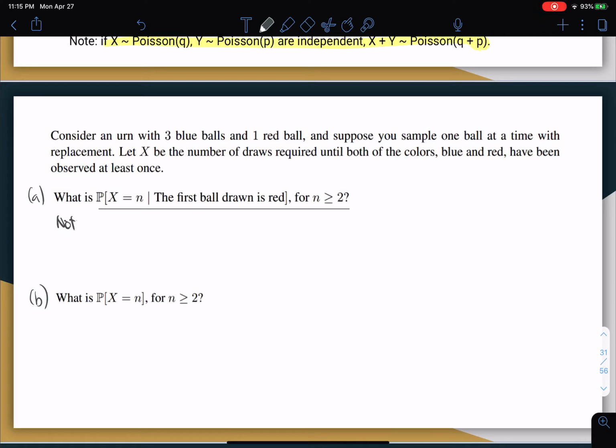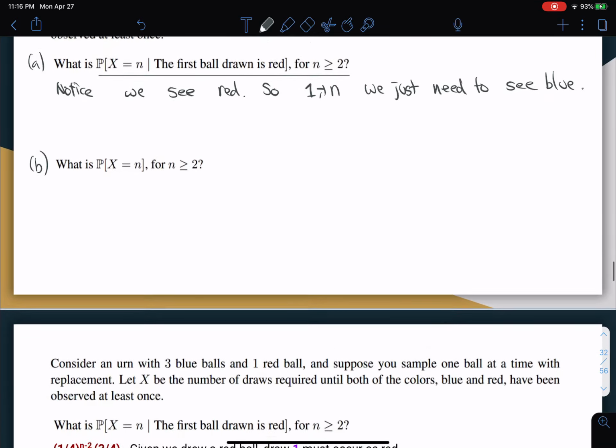From 1 to n, we just need to see blue. So it's going to be a geometric distribution going from 1 to n, such that we see blue.